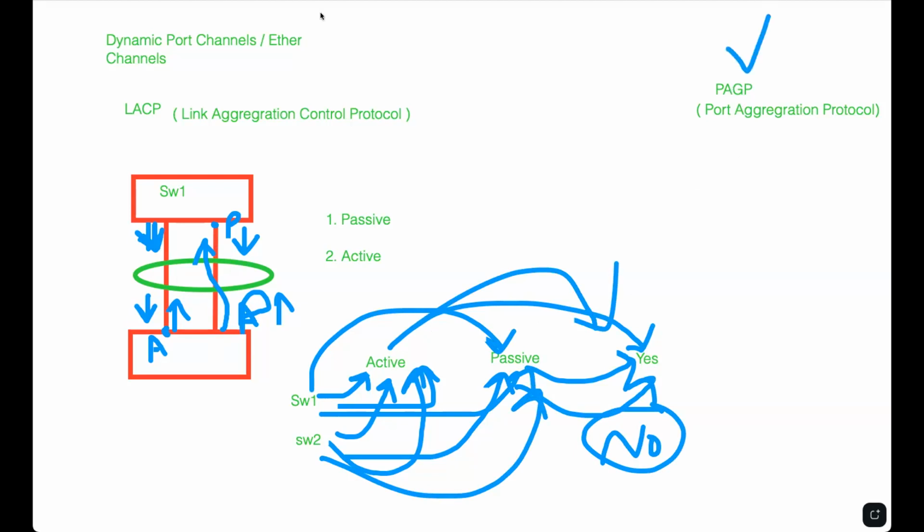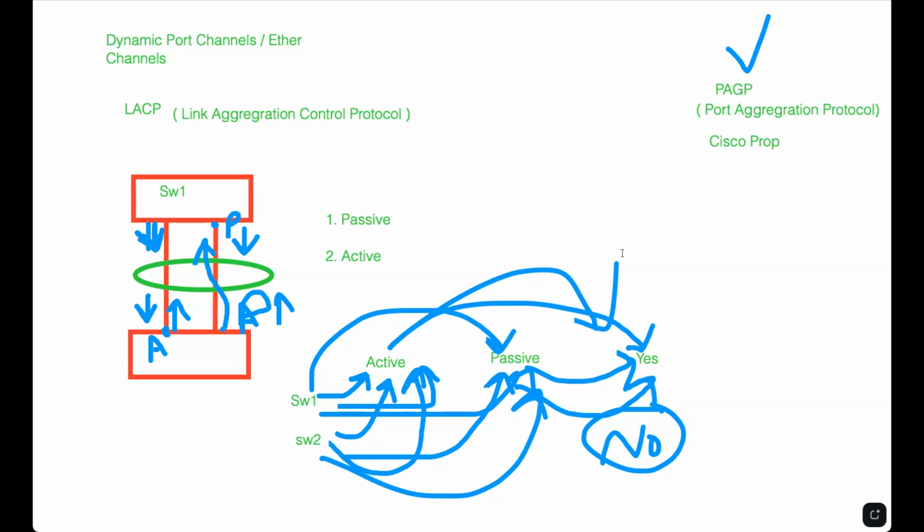Similarly, for PAGP, PAGP is Cisco proprietary. It is not like an open standard like LACP. It is not supported by other vendors. Only Cisco devices will support it. It is very much the same as LACP. It has to negotiate the parameters on both sides, like speed has to match, duplex has to match, ports have to be up on both sides to bring up the port channel.